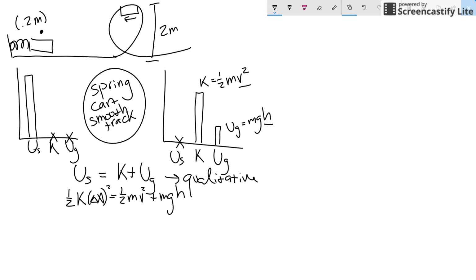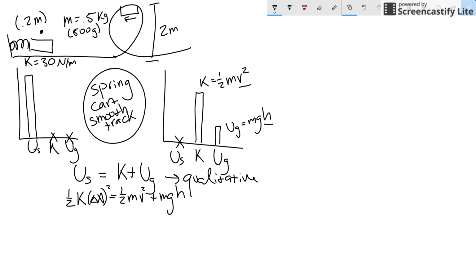Let's say that the spring constant is 30 newtons per meter. And then let's solve for velocities. We have height, we have gravity, we need mass. Let's say that the mass of the cart is 0.5 kilograms, which would be 500 grams.